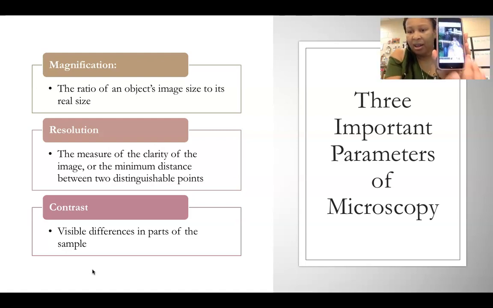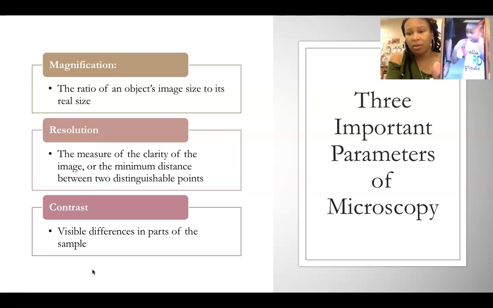All right, so magnifying this is how big or small. See, I'm magnifying it when I make it bigger. This is magnification. Now, another parameter of microscopy is the resolution. If you could see, which you probably can't, the bigger I make this, the more grainy it looks. So that means I am distorting the resolution, okay? The smaller it is, the better the resolution.